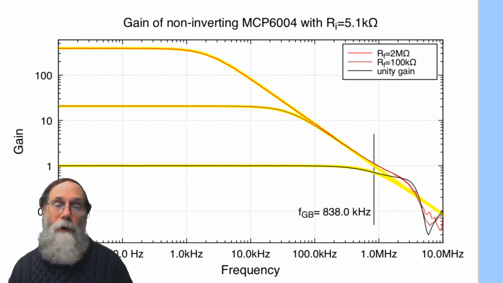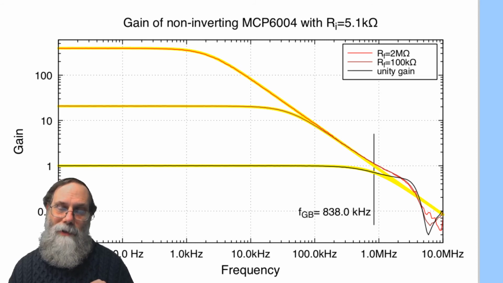Okay, so from a design standpoint, all you really need to worry about is that your gain bandwidth product tells you the limitation on your gain for a particular frequency, or the limitation on your bandwidth for a particular gain.